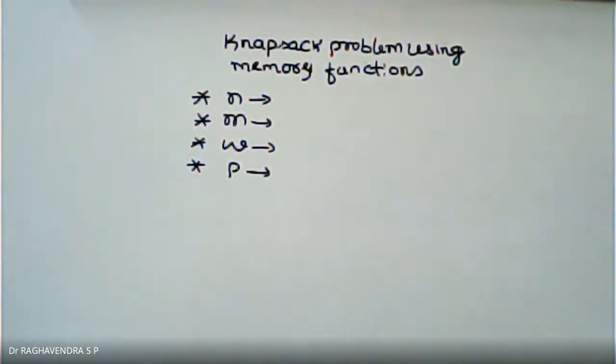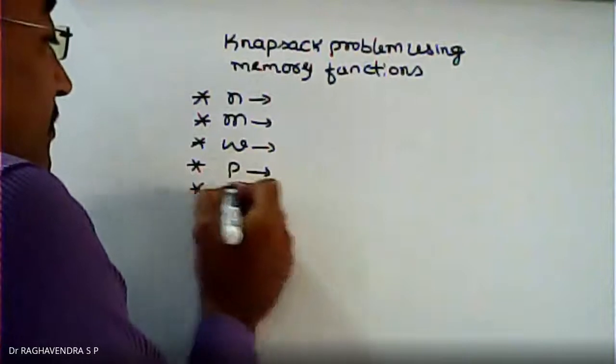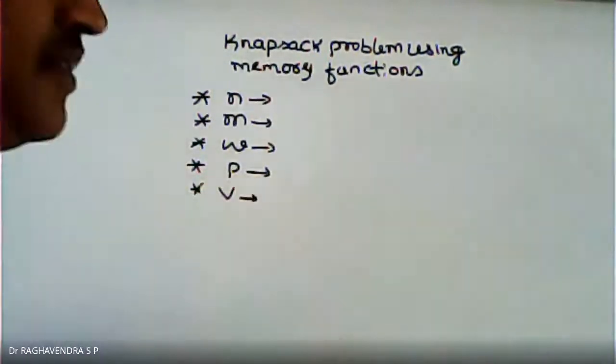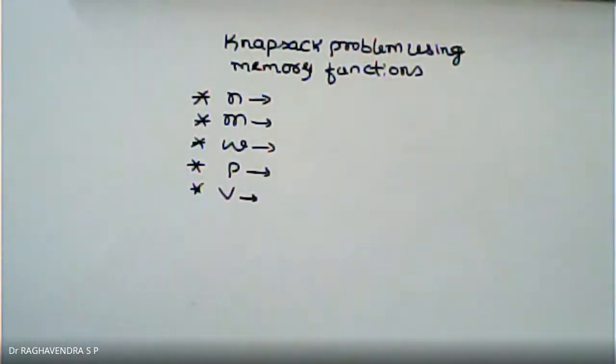Next, V. V is a two-dimensional array of size n plus 1 rows and m plus 1 columns.